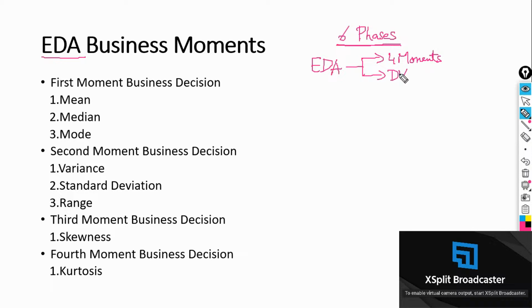Under four moments, the first moment business decision is a measure of central tendency, which represents the center value. We try to understand the representative value using first moment business decision measures. What are the measures that we have under first moment business decision? Mean, median, mode.